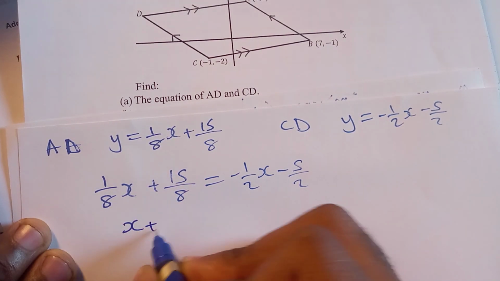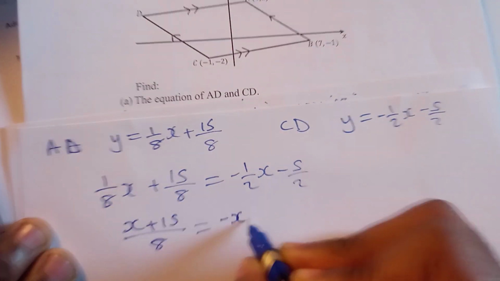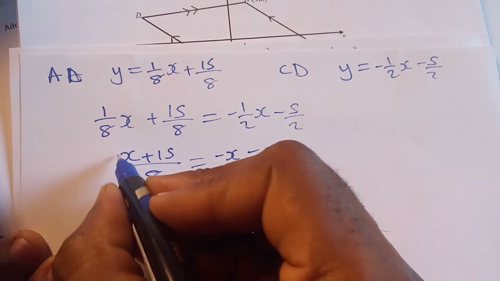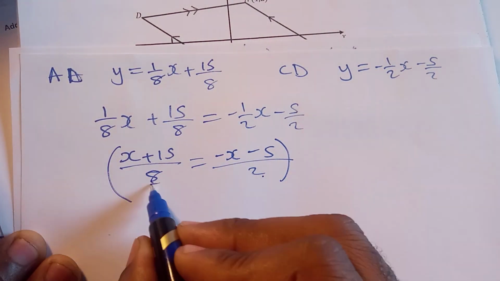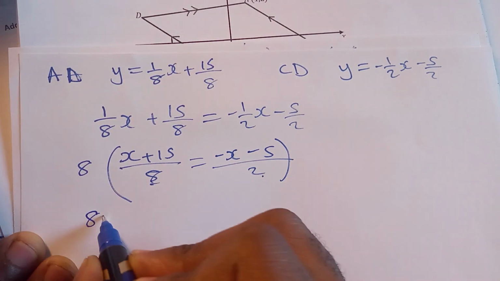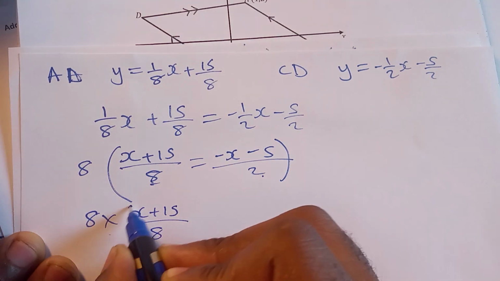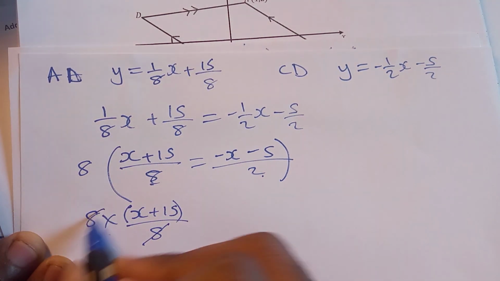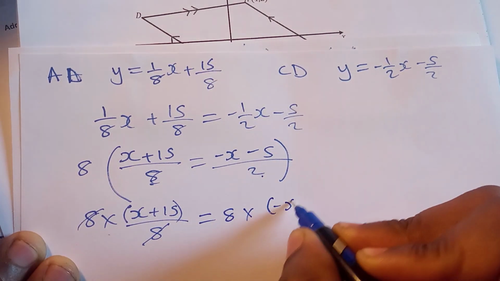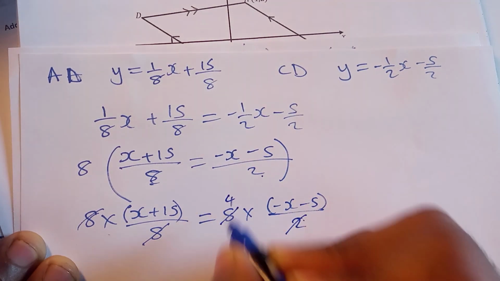This one will be 8 plus 15 over 8, and then this will be x minus 5 over 2. Now you can multiply everything by 8 to get rid of the denominators. So this one will be 8 multiplied by x plus 15, everything over 8. This and that can cancel out. Same applies to this side.